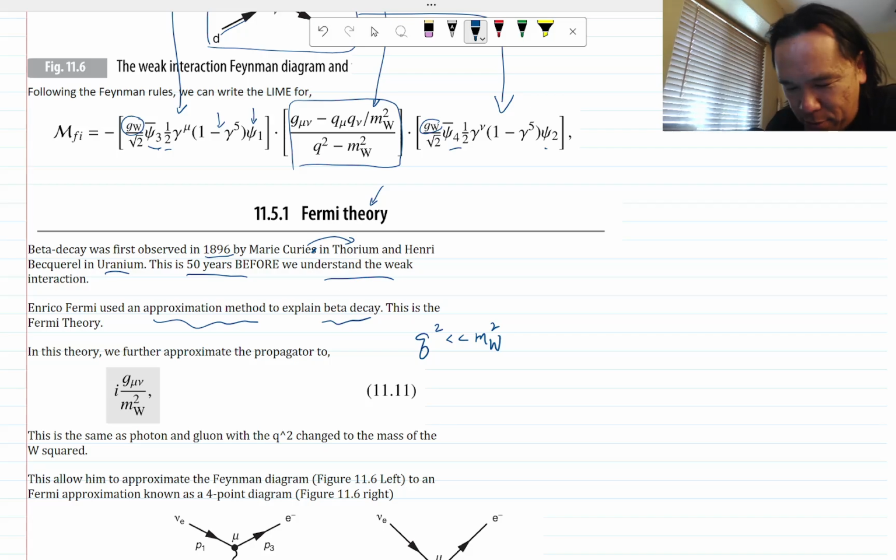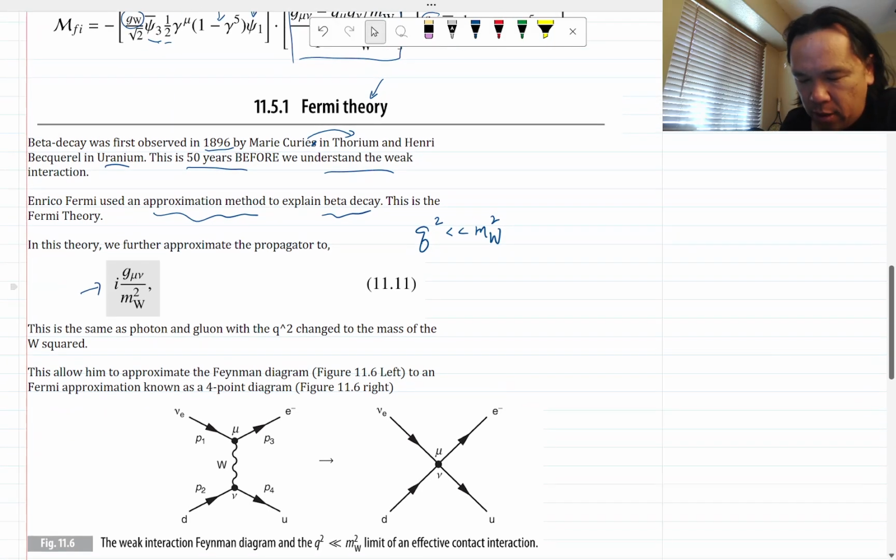But Fermi is also going to approximate this. What happens is that basically the propagator can be turned into just g mu nu divided by the mass of the W squared, with an i in front of it.